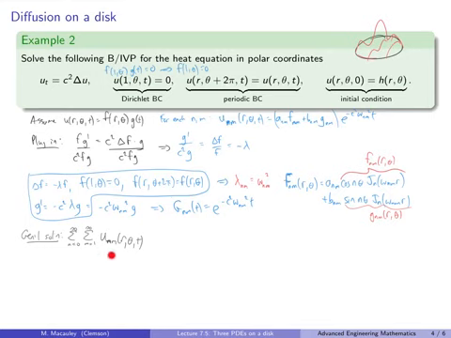So the general solution is the linear combination of these. I'm not putting a constant in front because we have these constants embedded in there, okay? But I will write what that is.